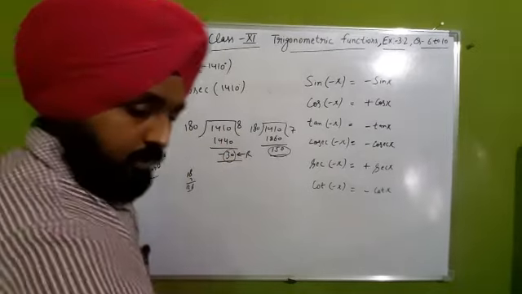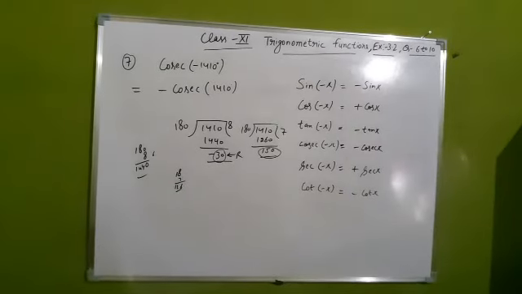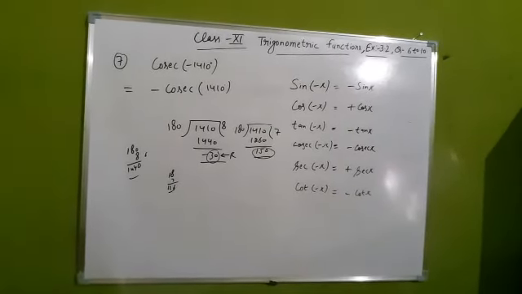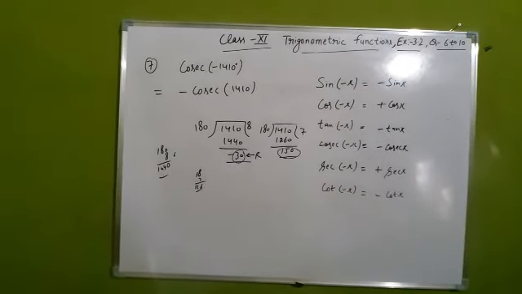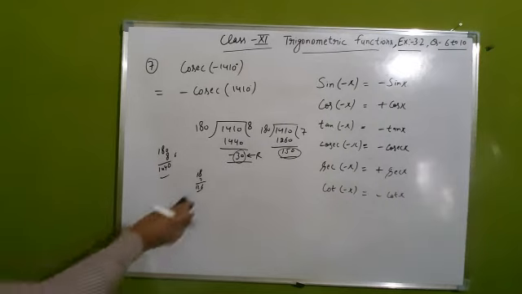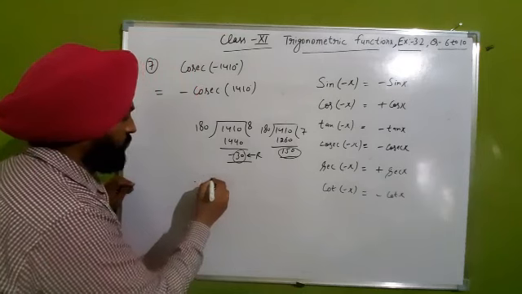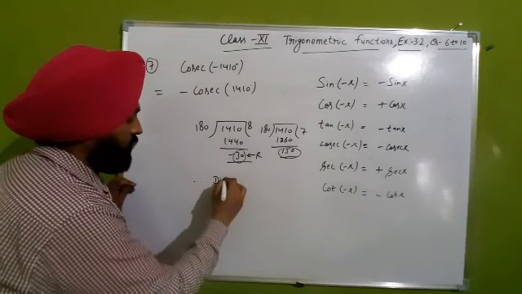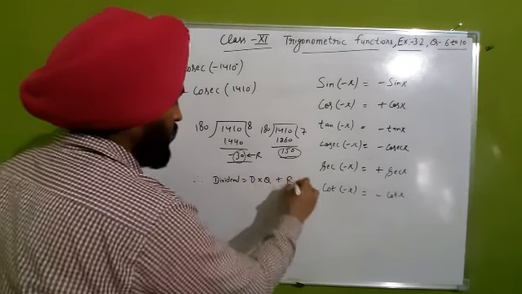So we have to choose here the division algorithm with the smaller remainder. Yes. So therefore we can write dividend equals divisor into quotient plus remainder.